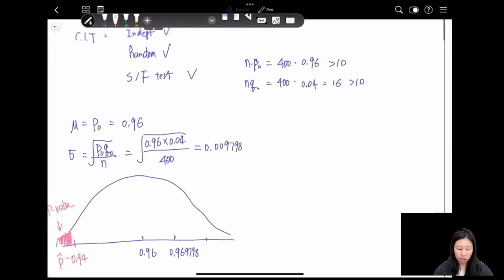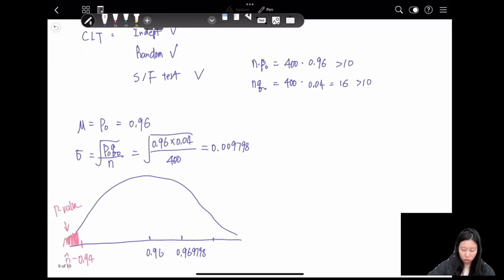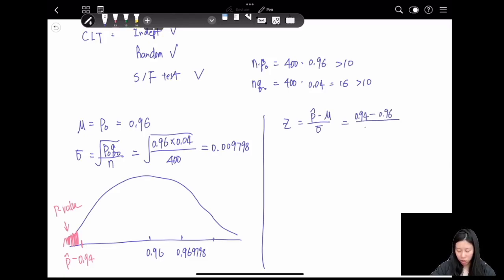Okay, now the test statistic. For the test statistic, we have a z-score equals p hat subtract mu divided by sigma. P hat is 0.94 subtract 0.96 divided by 0.009798, which is equal to 3.918.